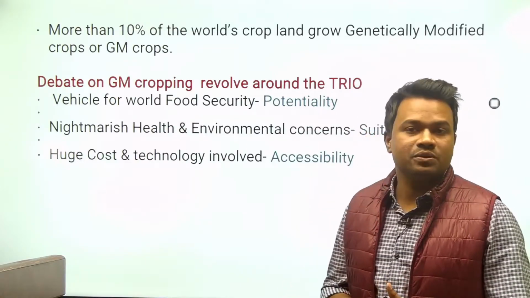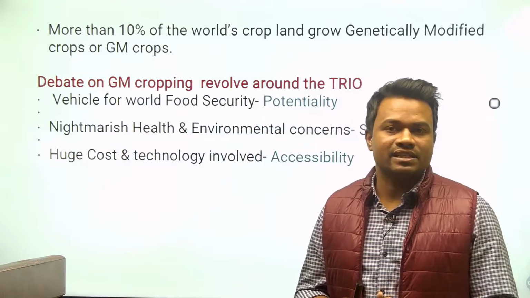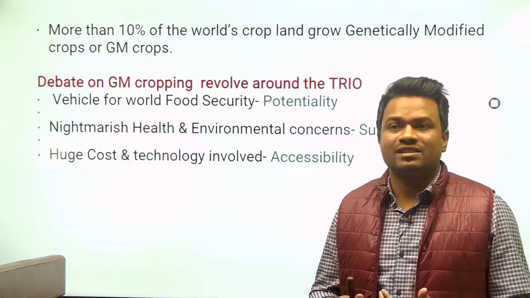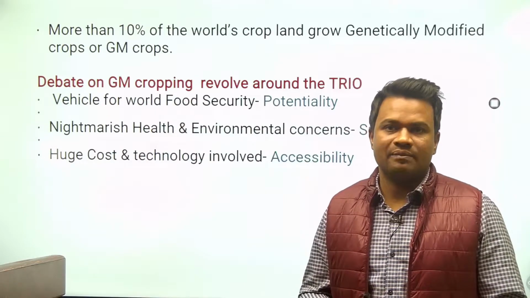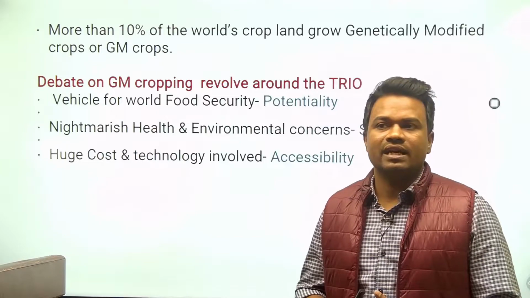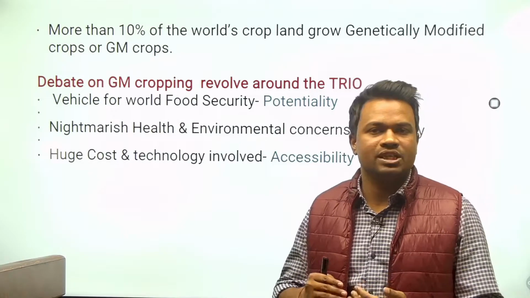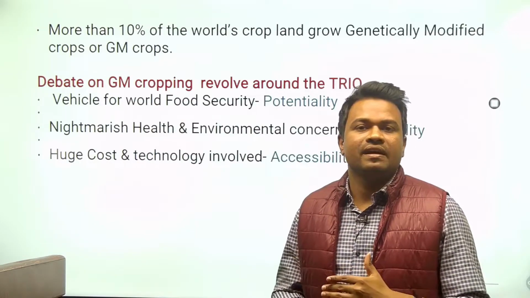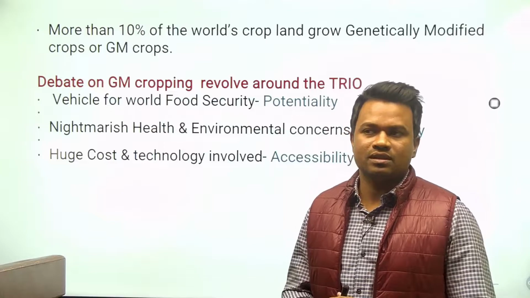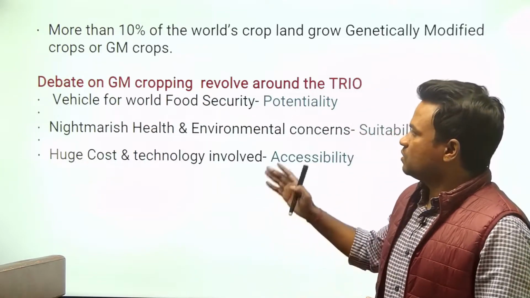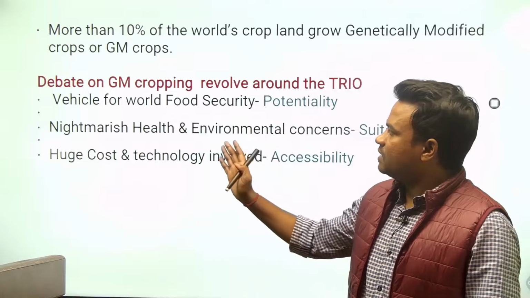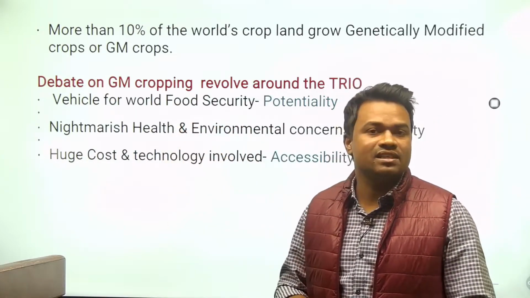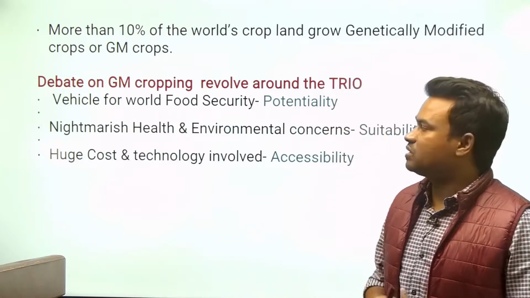Food insecurity is rising day by day as climate change issues are there, the erratic nature of monsoon in India, and various climate vagaries are hampering the productivity of the soil as well as the harvesting of crops. Crop failure is one of the issues. So GM cropping can help achieve food security; we can say it is the vehicle for food security for the world.